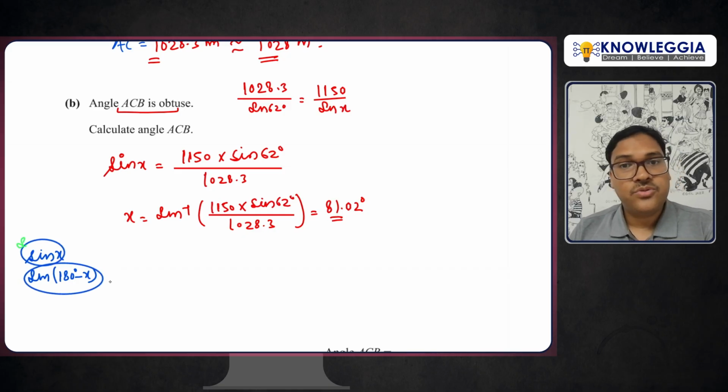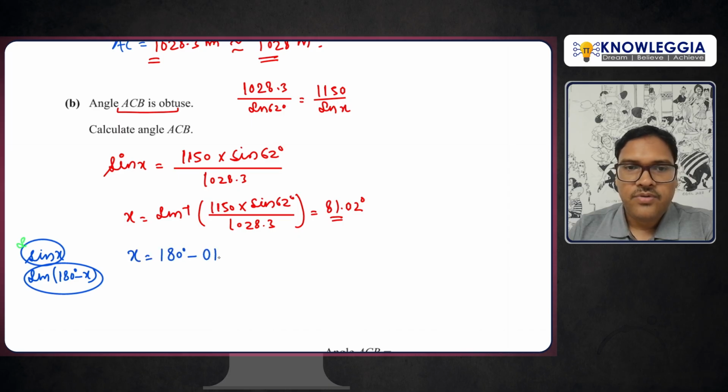It is an important property which you should know. If x is 81.02 degrees, what is the other value? We can see x will be equal to 180 minus 81.02.